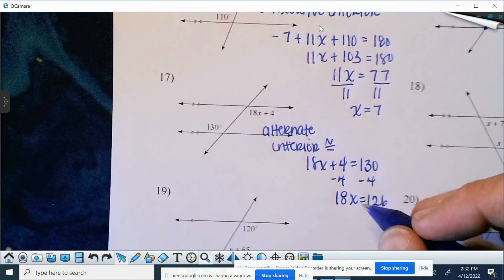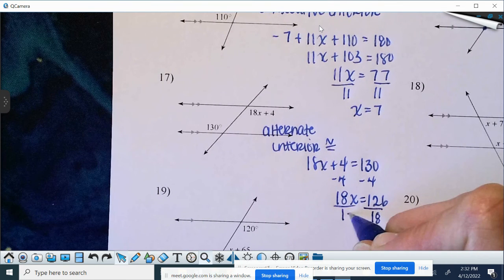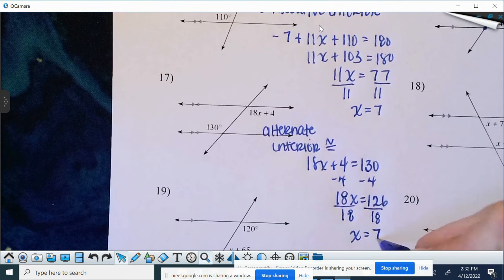Divide both sides by 18. X equals 7. So 18 times 7 plus 4 does indeed give you 130. Hopefully I'm not going too fast. You guys are actually pretty fast, usually faster than me at the computation part because I talk a lot.